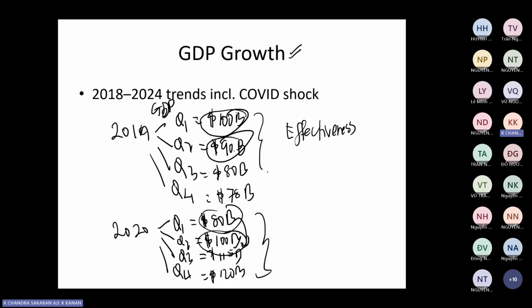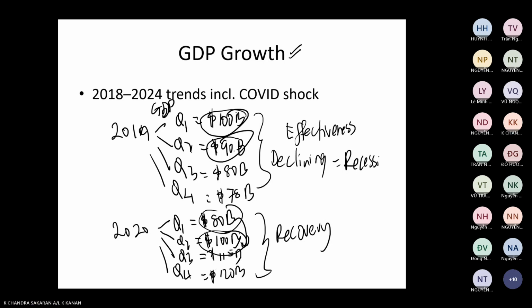Here the economy is declining on a quarterly basis. This one is continuing to rise, so the economy has recovered already. So this is recovery. This one is a declining economy, so recession. You have to use the terms correctly. Do you understand or not?